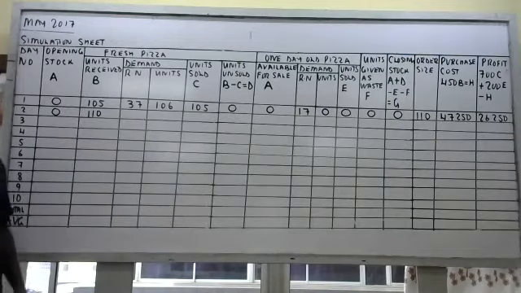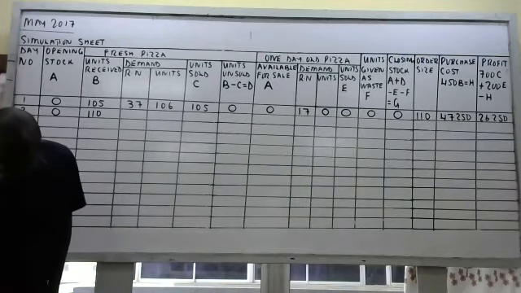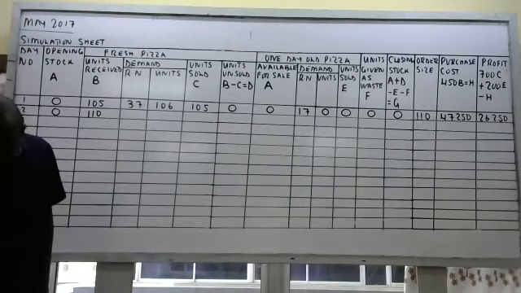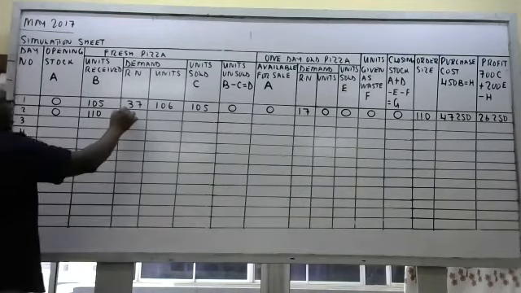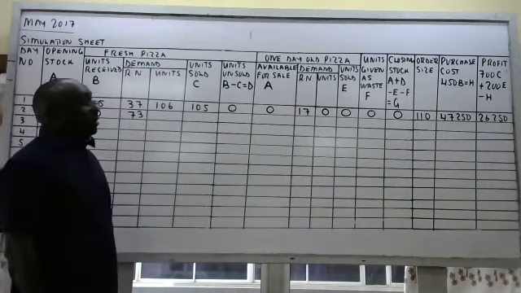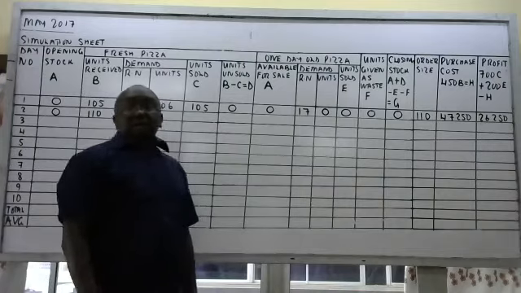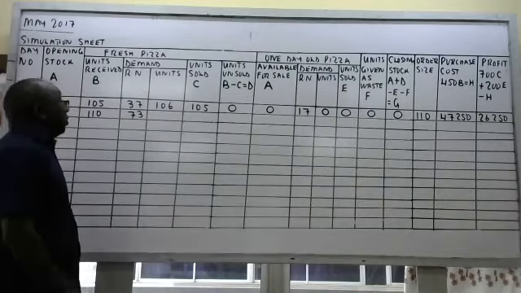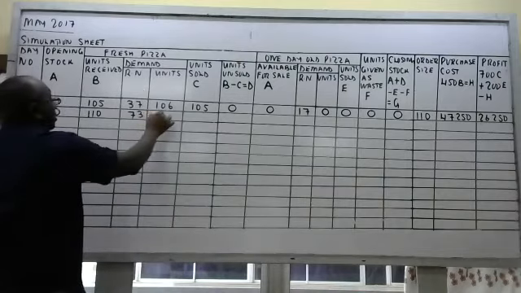Random number is what? 73. Using Monte Carlo, that gives you how many units? 108.